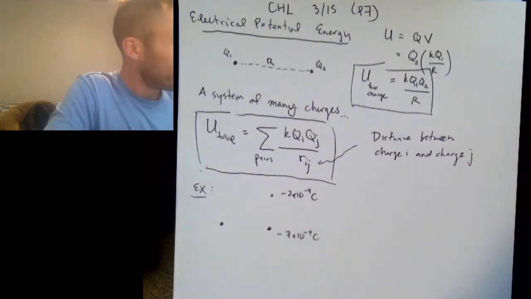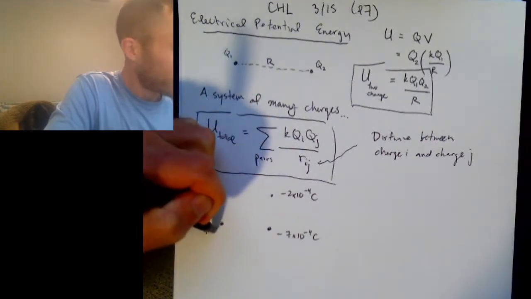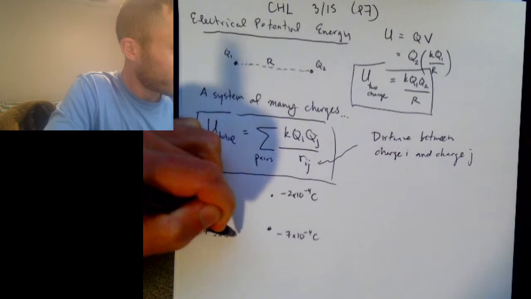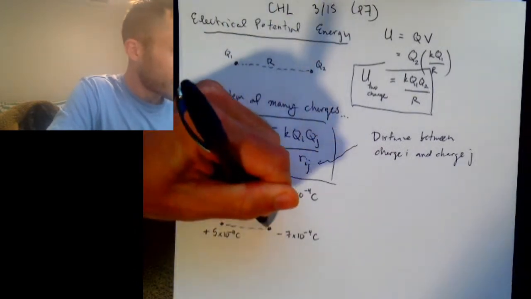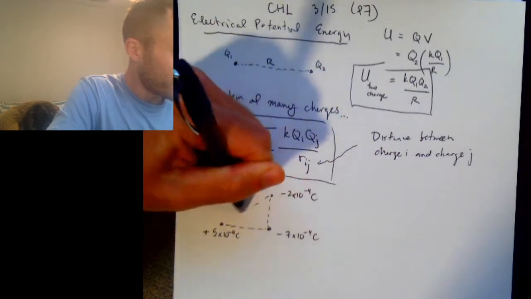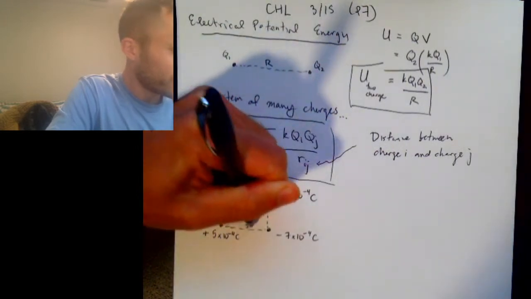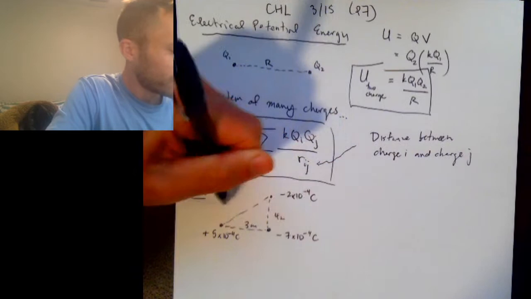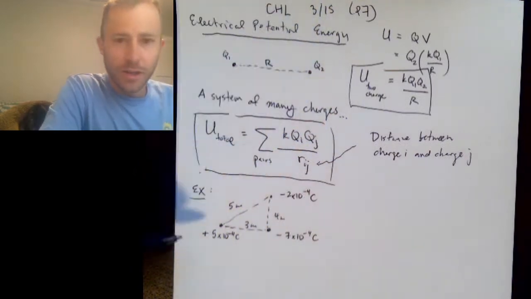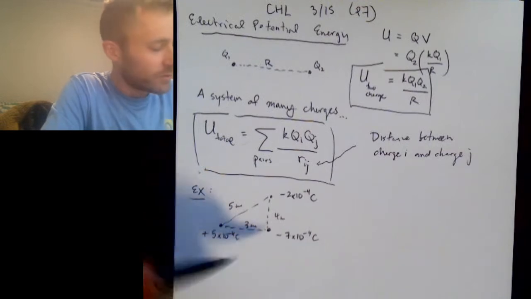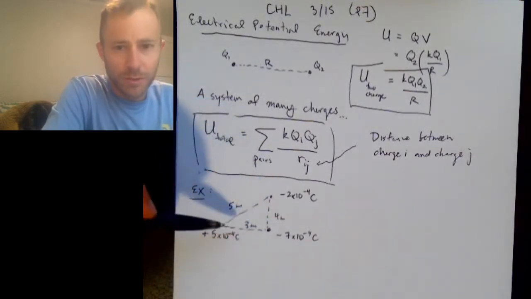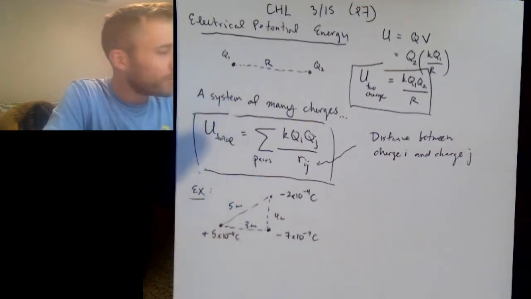And this is a +5 times 10 to the -4 coulomb charge. And we're going to make this a 3, 4, 5 right triangle, so 3 meters, 4 meters, 5 meters. I know I kind of goofed and I wrote this as 3. Oops, my bad. This distance is shorter than that, but I wrote it as 3. Oopsies.